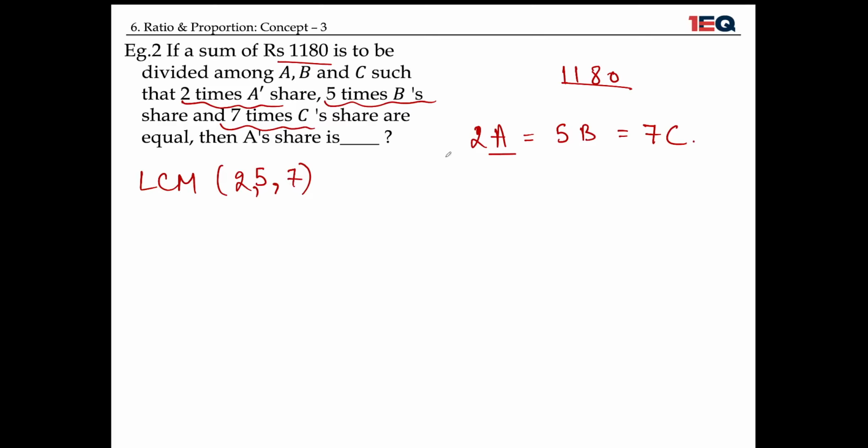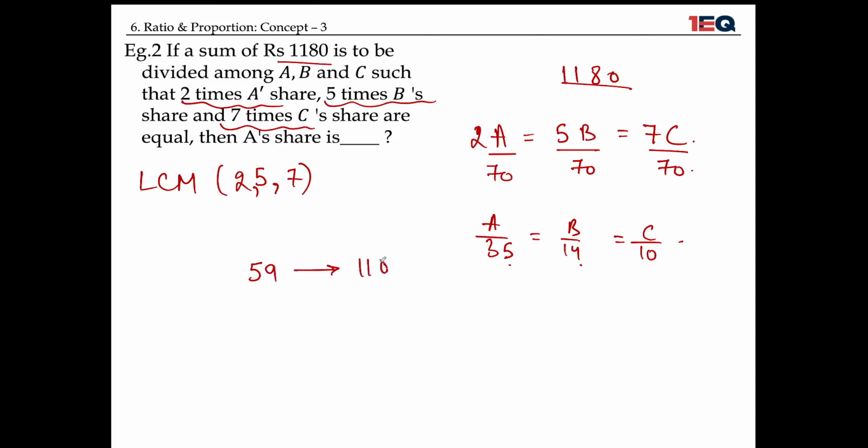And I would divide it across the three options. So 2a by 70, 5b by 70, and 7c by 70. So the value here is a upon 35 is equal to b upon 14 is equal to c upon 10. Now it has been given that 35 plus 14 plus 10, which is equal to 59, is equal to 1180.